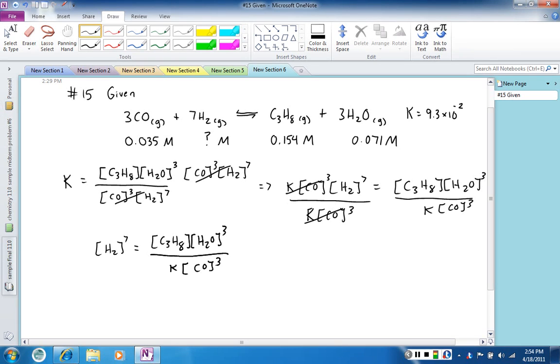To get rid of that exponent of 7, we're going to raise this whole thing to the 1 over 7. So that'll cancel this out and just leave the H2 concentration. So I'll just erase that now that we've raised the other side to the 1/7.